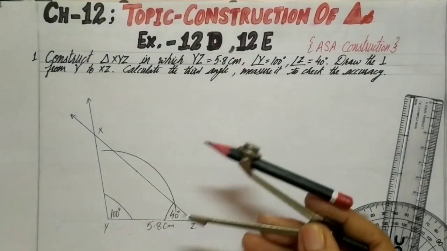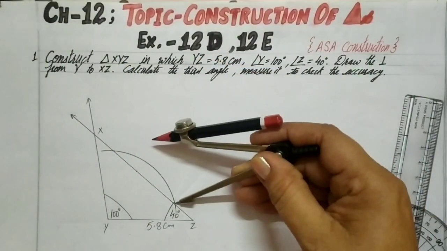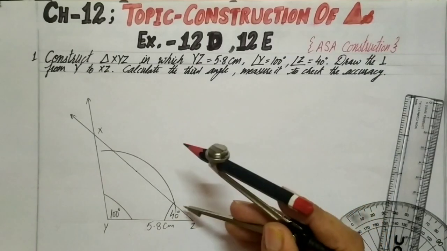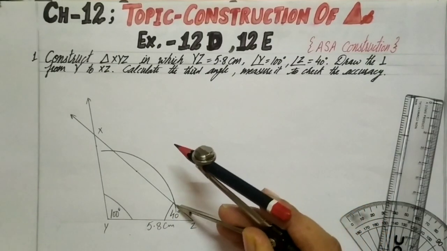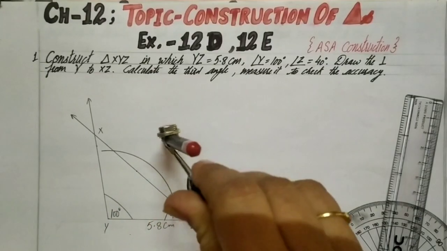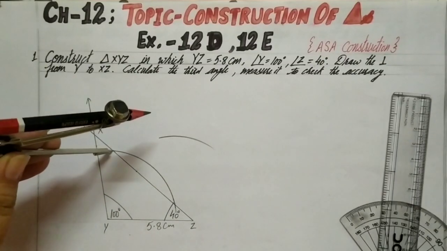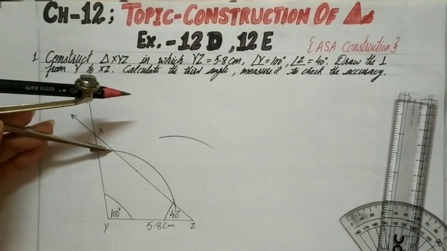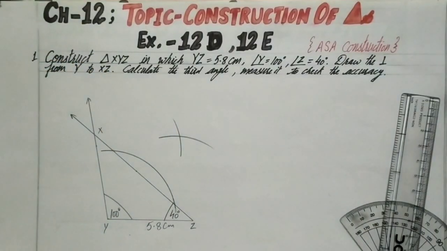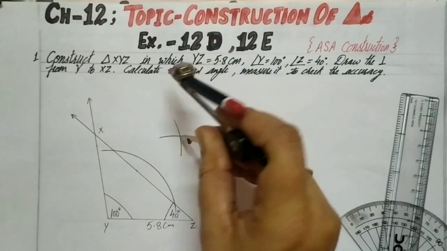In this way you will get 2 points of intersection on the side ZX. So one by one you have to put the pin of your compass at these 2 points of intersection, taking these two as center. Mark an arc of the circle over here, then taking this point as center, intersect the previous arc. As you can see, this is a point of intersection of these two arcs.